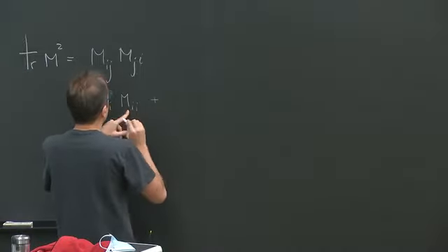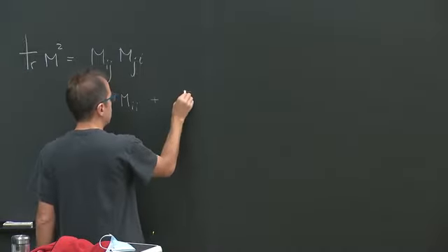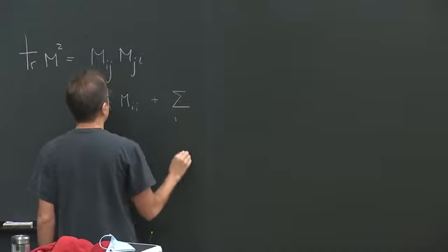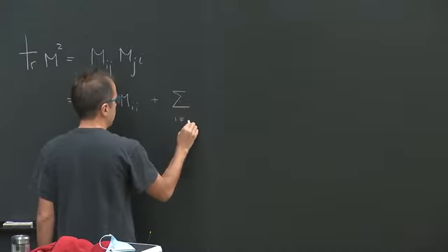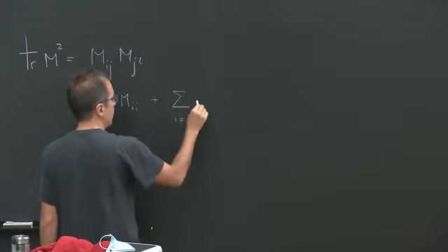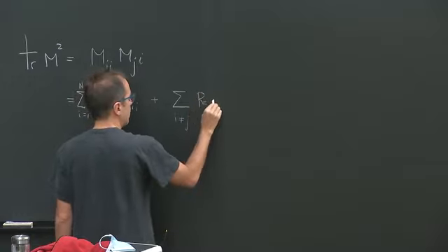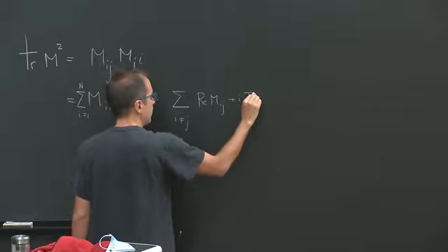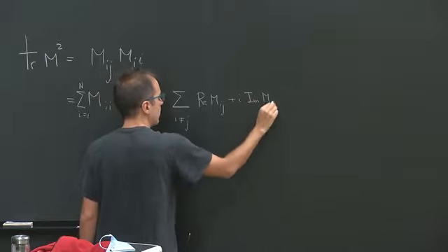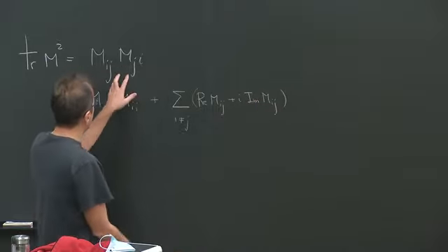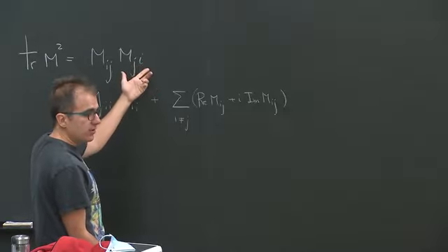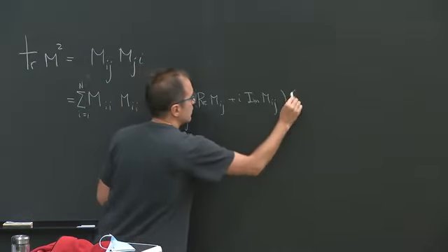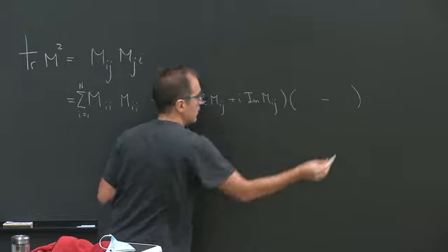Plus the other ones, which is a sum over i not equal to j of real part of Mij plus i imaginary part of Mij, times the other one with ji, which is just a complex conjugate of this, times the same thing with minus.